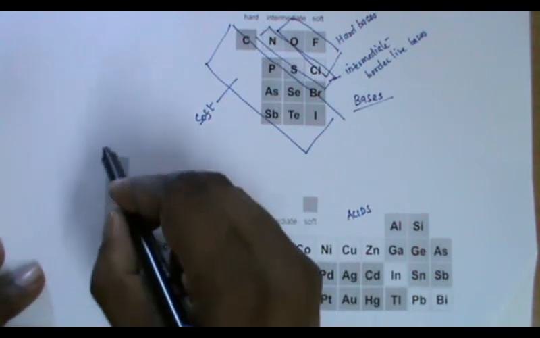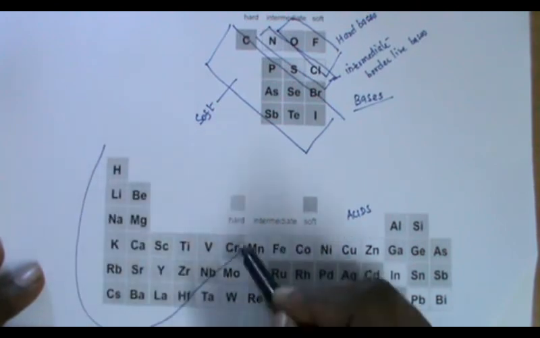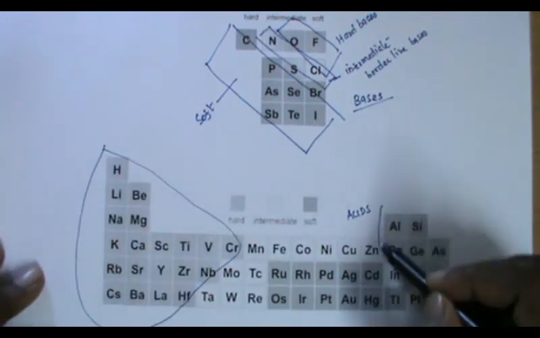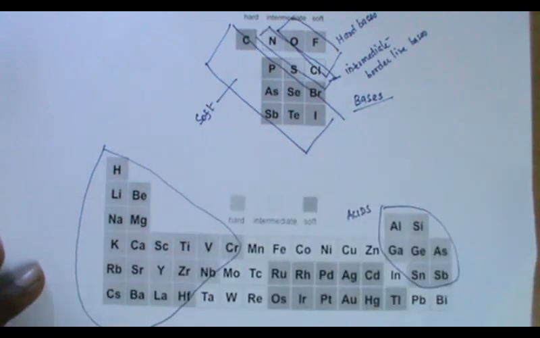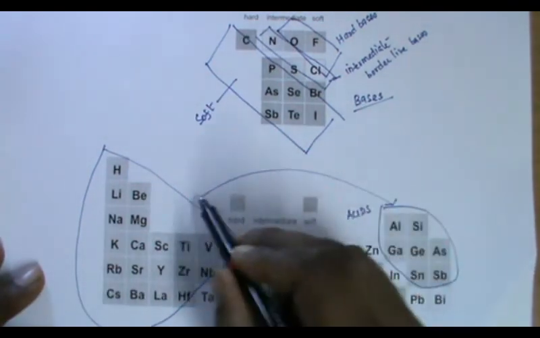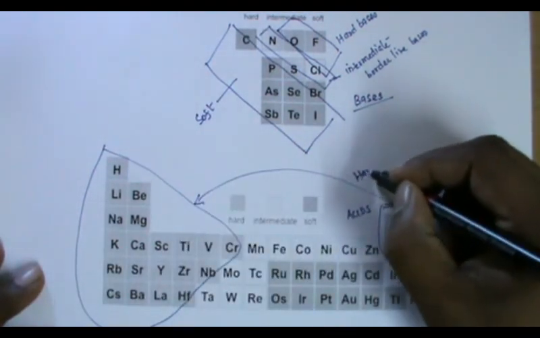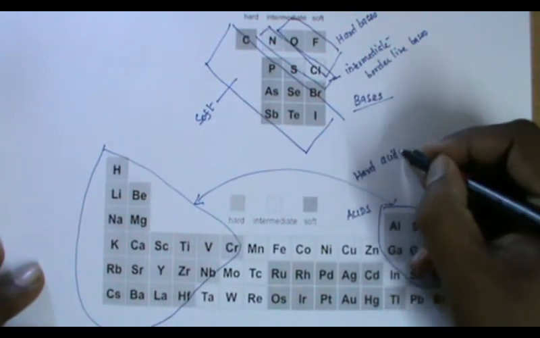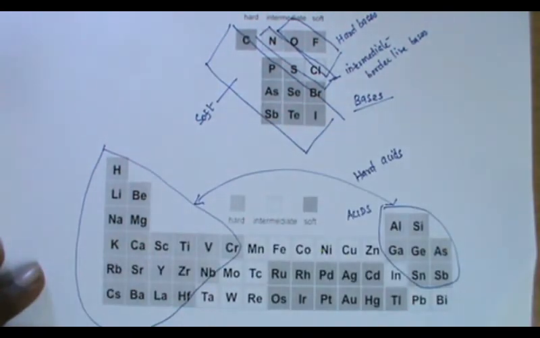In this region and this region, together they are hard acids. So hard acids are more. Soft acids, only a few.